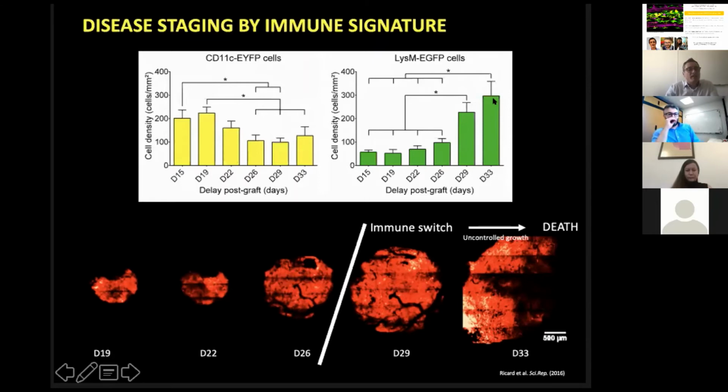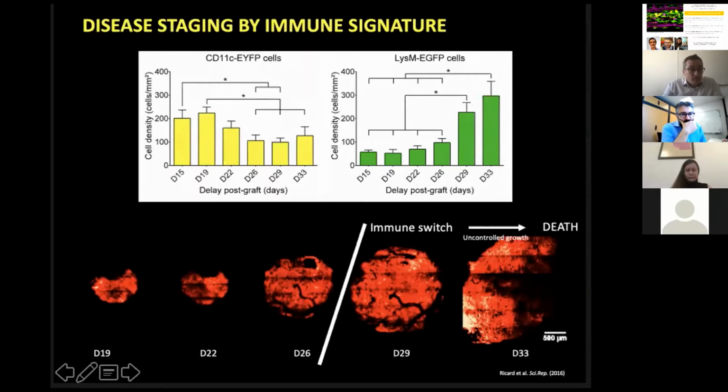So it is as if between these two time points there was an immune switch, and the composition of the cells inside the tumor was completely different. But interestingly enough, the immune switch occurred at the final stage of the disease, at the time when we started to have an uncontrolled growth that led to death.